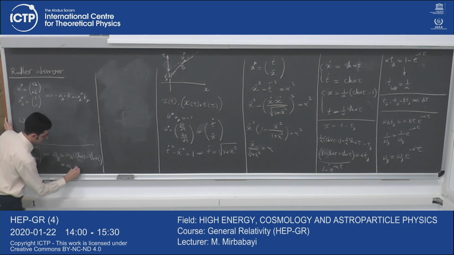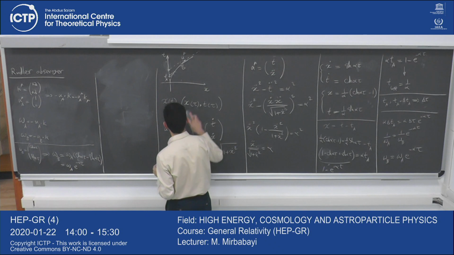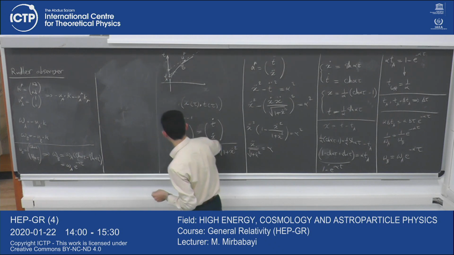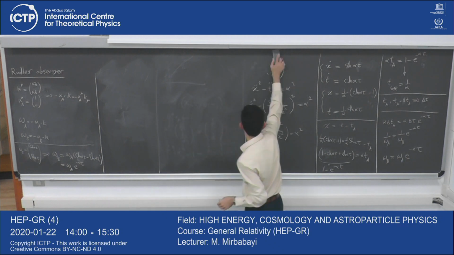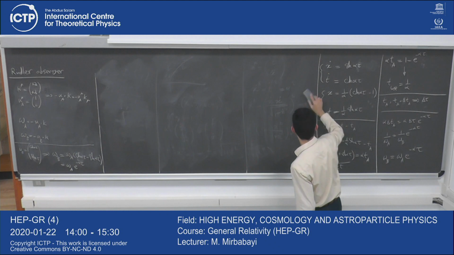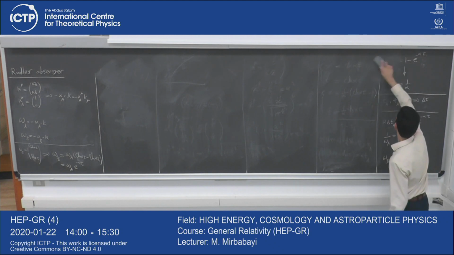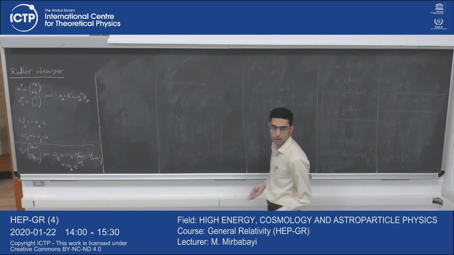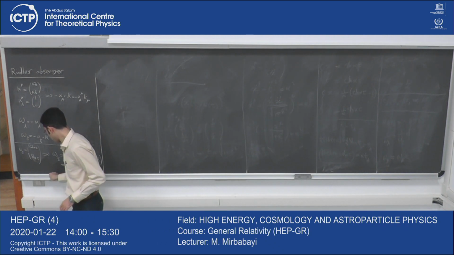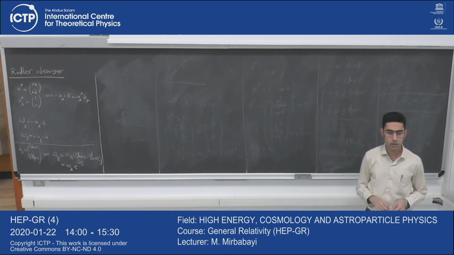Which is omega_A times e to the minus alpha tau, which is the same. Any question?